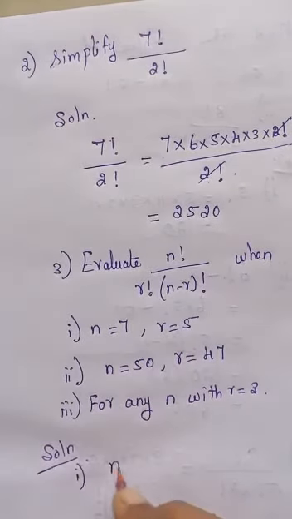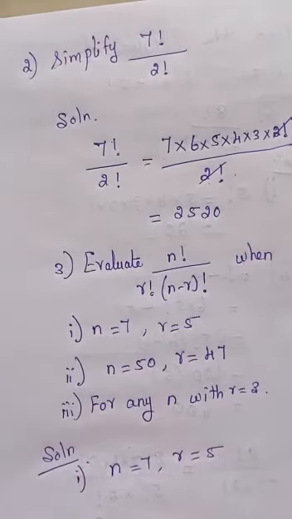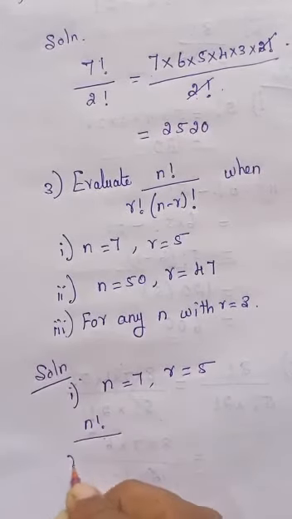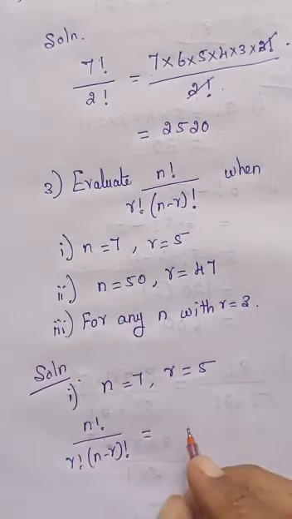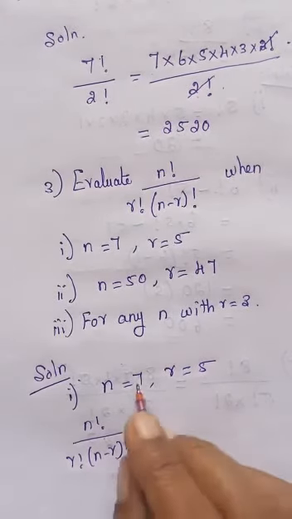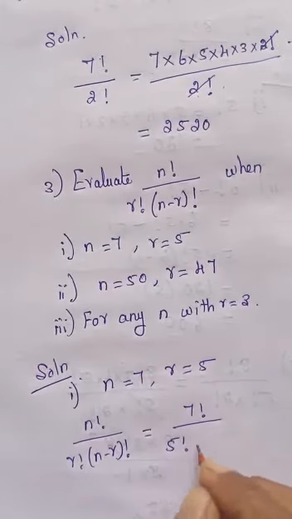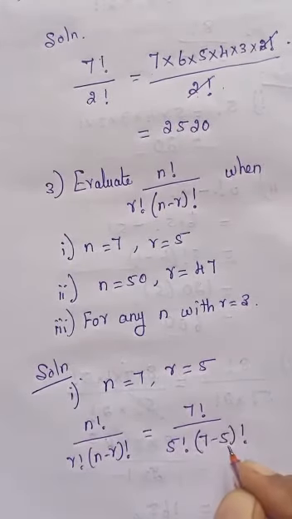Subdivision 1 is given n equal to 7 and r equal to 5. Shall we find out? N factorial by r factorial into n minus r factorial. See, n factorial 7 factorial by r 5 factorial into n minus r 7 minus 5 factorial.